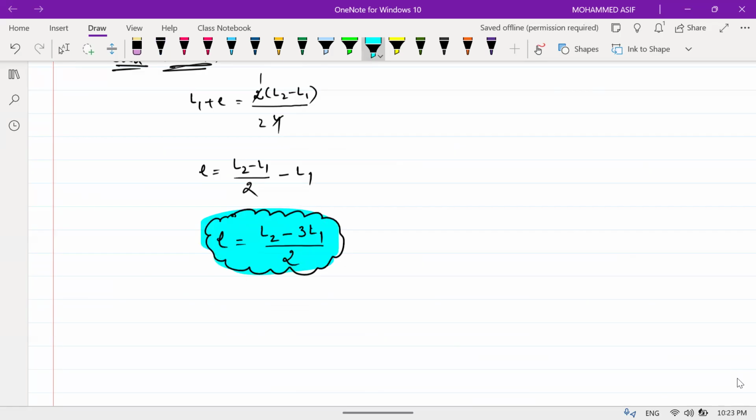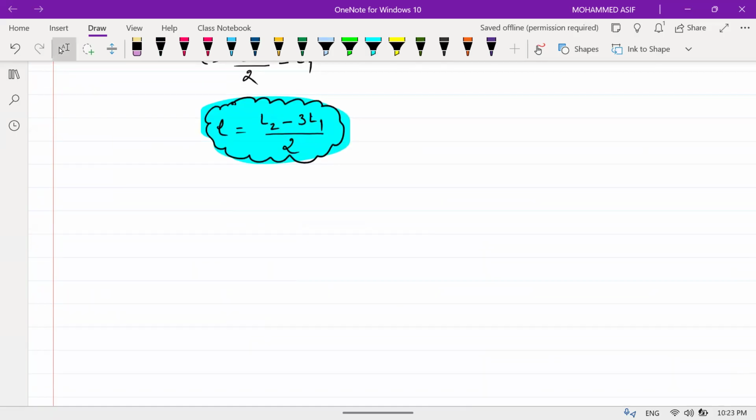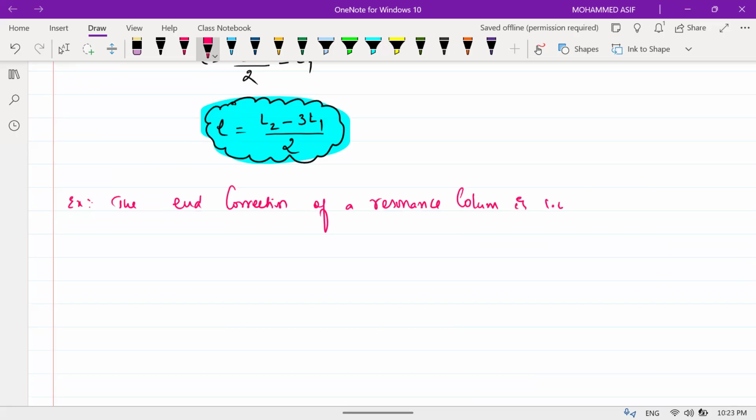Yes, sir. If you compare 1 and 3, you will get L3 minus 3 times L2, and go on like that. Say for example, if I give an example here, you see, the end correction of a resonance column is 1 centimeter.